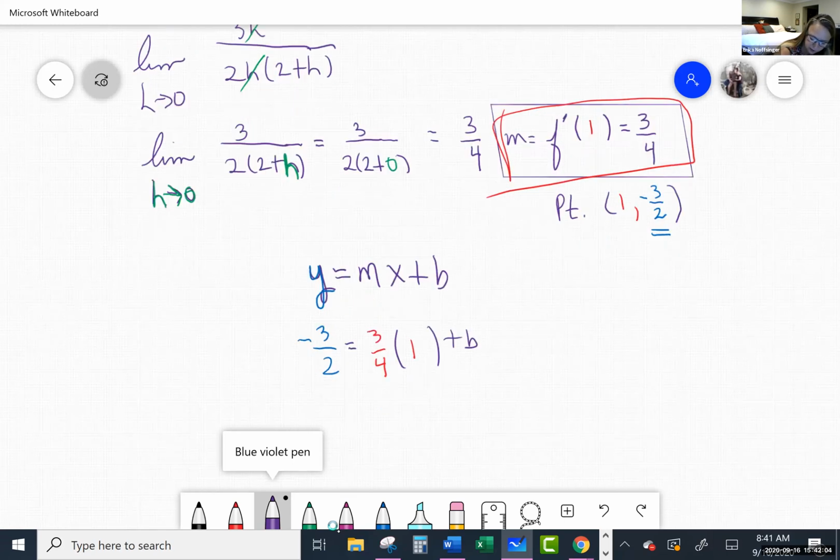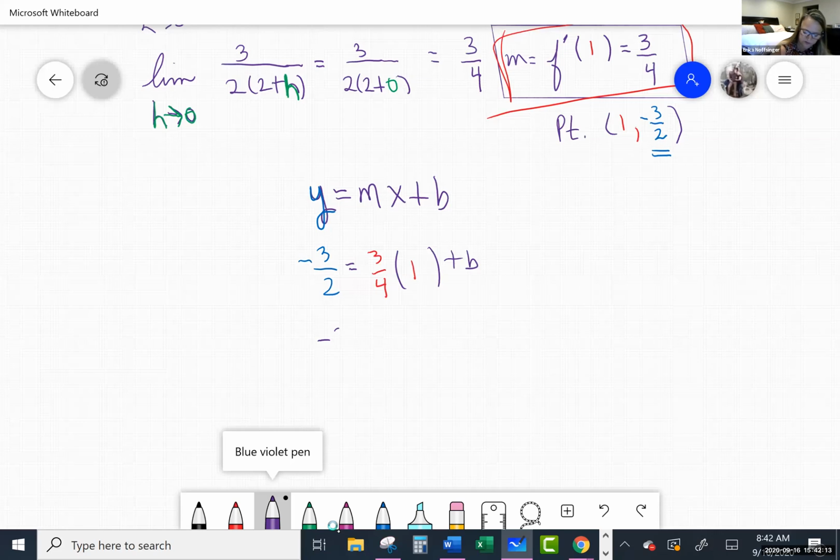Let's subtract 3/4 on both sides. I'm going to need a common denominator. So I have negative 6/4. I'm going to subtract 3/4 on both sides, so minus 3/4 equals b.